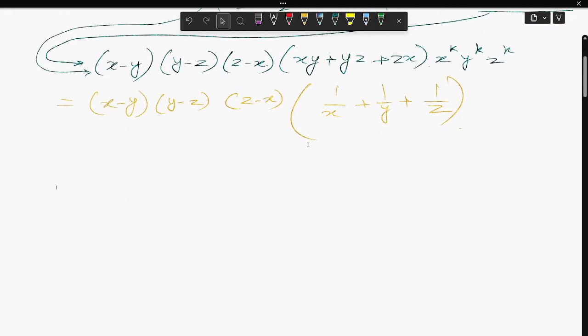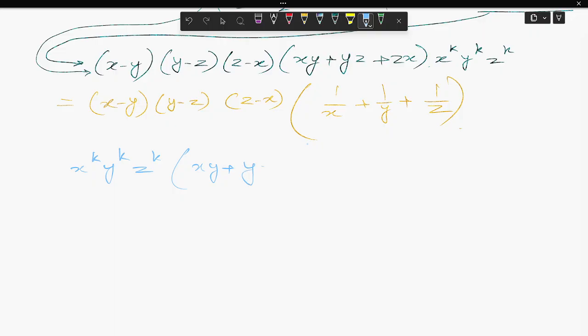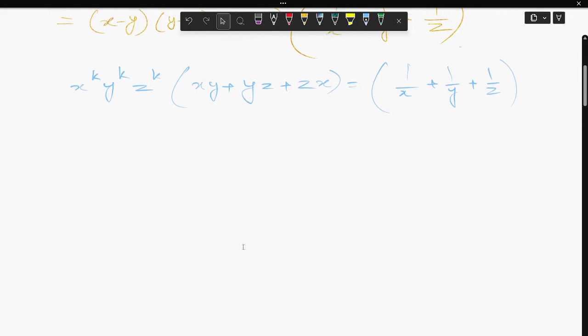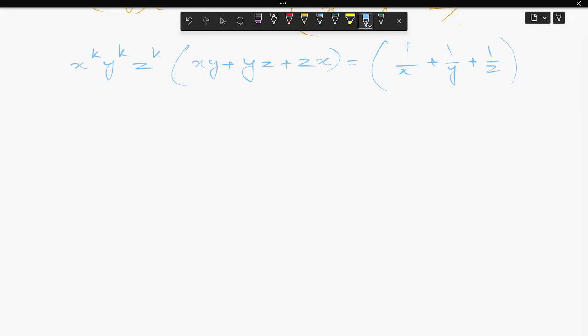So we can write that x to the power k, y to the power k, z to the power k into (xy plus yz plus zx) is equal to 1 by x plus 1 by y plus 1 by z, because the (x minus y), (y minus z), (z minus x) terms are common, so we can cancel them out. Now 1 by x plus 1 by y plus 1 by z is equal to (xy plus yz plus zx) whole by xyz.